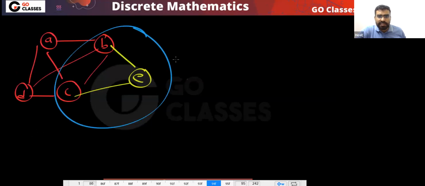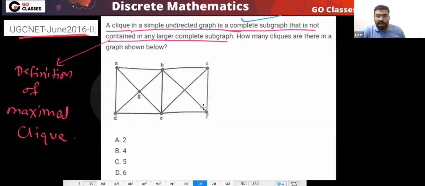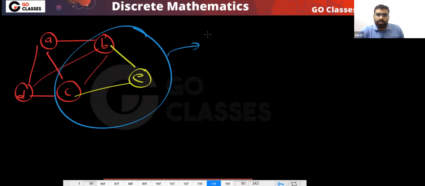Tell me, is this contained inside a larger complete subgraph? According to this definition, you can notice this is a clique. You can also notice this is actually a maximal clique.